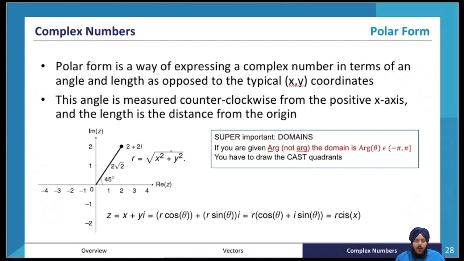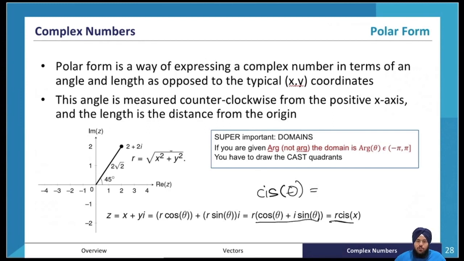Okay, so how does the polar form work? Like I said, the polar form has an r component and a theta component. We have z equals x plus yi, and we write it in the form r cis theta. And what is cis? Cis theta is just cos theta plus i sine theta.